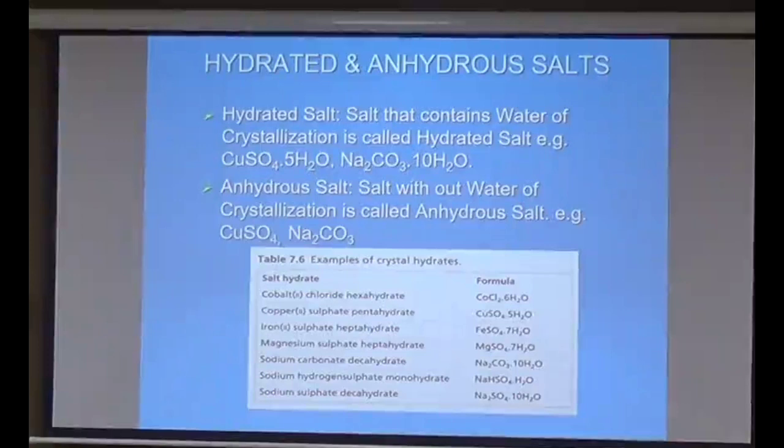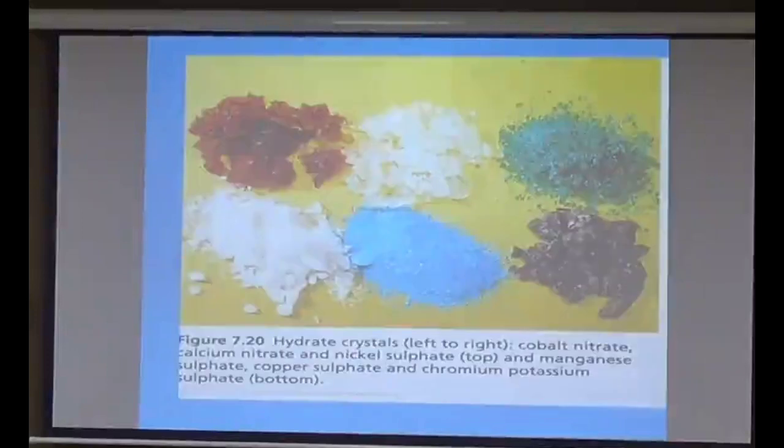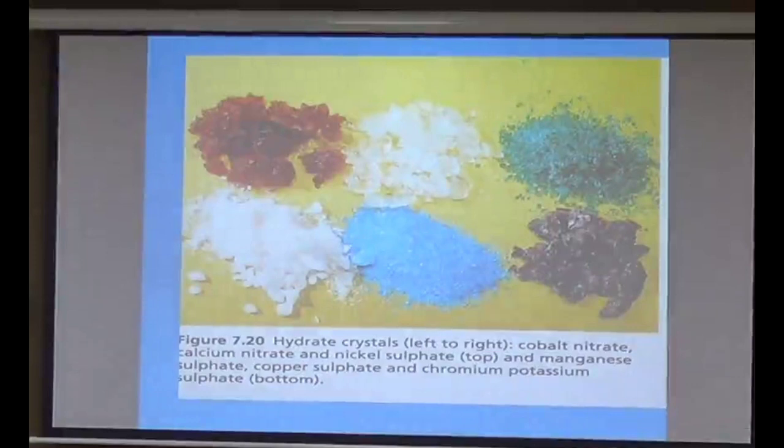Some more examples are given in the table shown below. These are some hydrated salts which are present in the form of their crystals in different colors. The examples shown here just make you understand that hydrated salt exists as small crystals of varied colors.